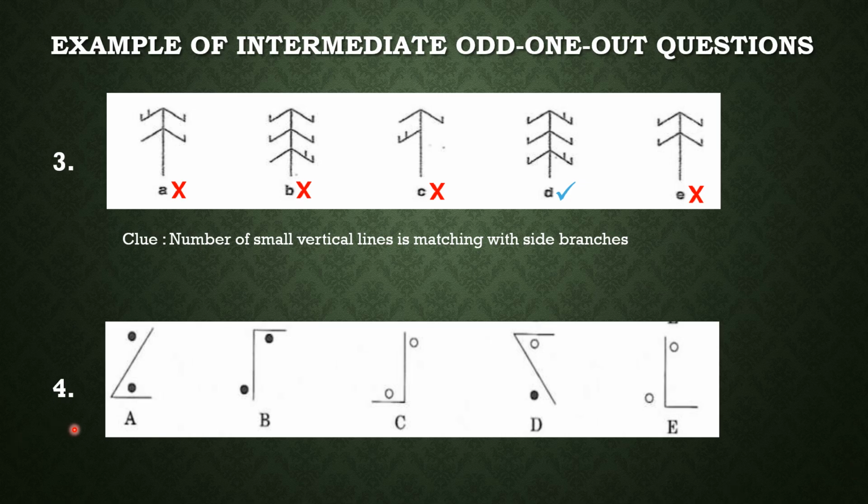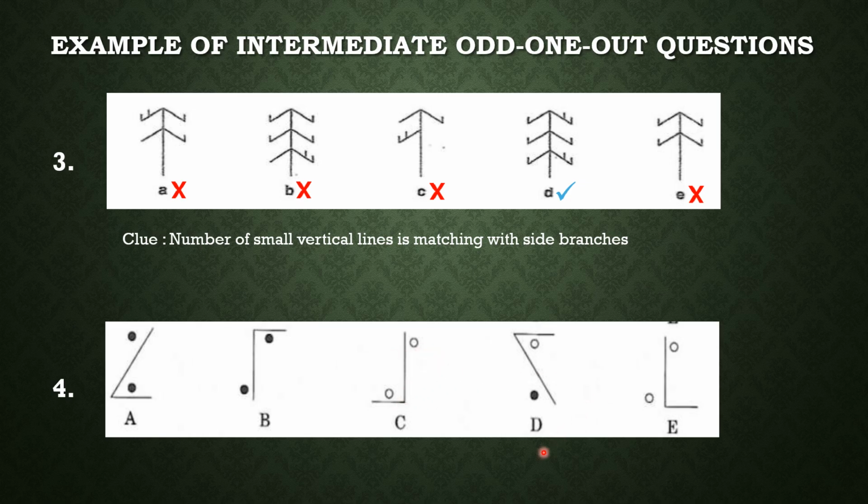In question 4, we cannot say there are two lines and two circles because all of them have that. Some of them are inclined and some are perpendicular. But if we look closely, in any single shape, the two circles are either both dark or both blank.